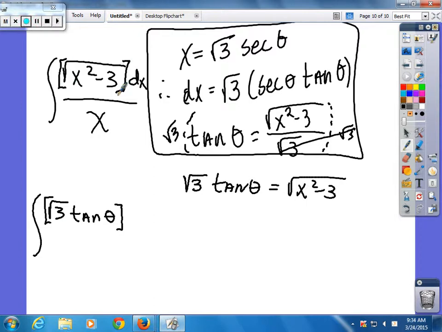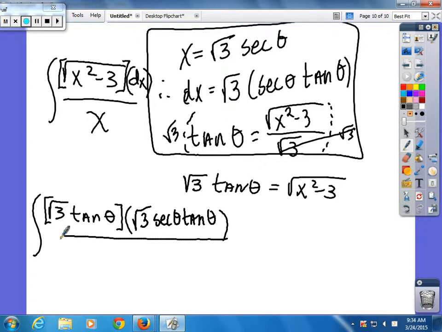And then dx, right here, I'm going to put in parentheses. dx is equal to all of this: square root of 3 secant theta tan theta, all over square root of 3 secant of theta. And of course, the 3s cancel. Square root of 3 you can factor out up here and take that out because these cancel.